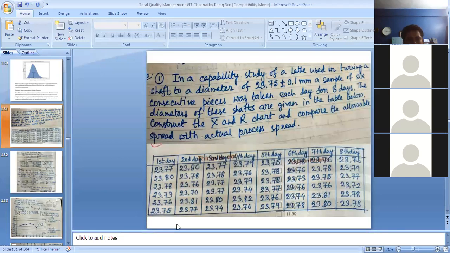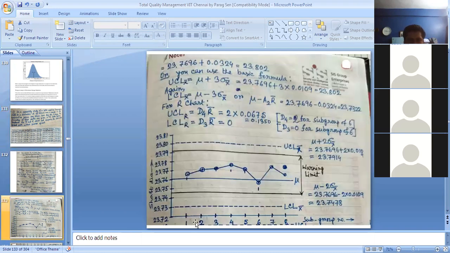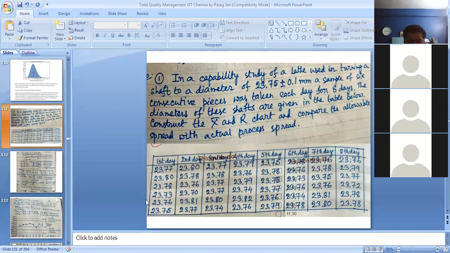You plotted your X bar and R chart to find out whether on any day your data points go beyond the control limits or not.